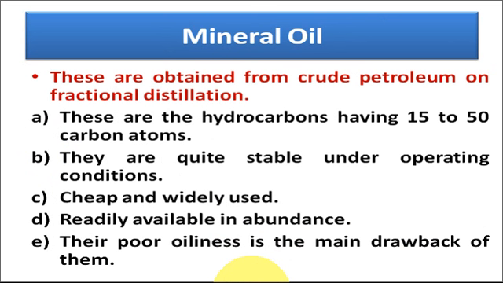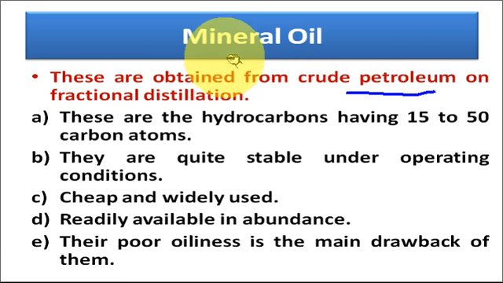First is the mineral oil. Basically, the mineral oils are obtained from crude oil or the petroleum on fractional distillation. In the fuel chapter, we have already discussed that mineral oils are the part of the various fractions collected by the fractional distillation of the crude oil or the petroleum.